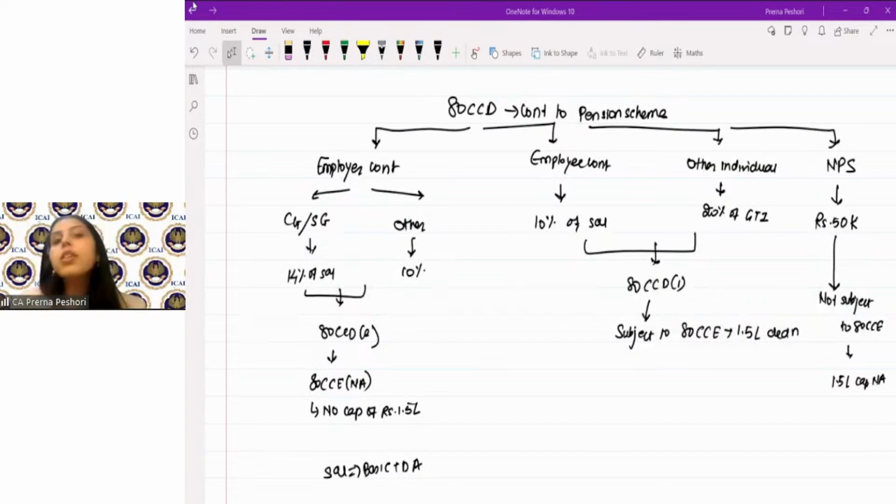Are we clear? Now the amount which is deposited under the pension scheme will be taxed on the closure of the account.